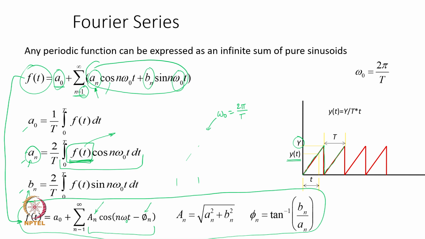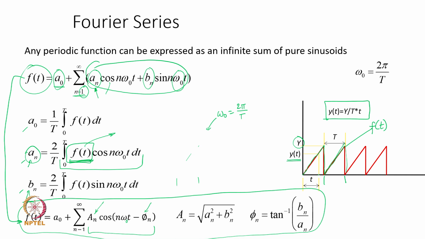Now, for us the function has to be defined for its period. So, the period is this much. I need to define this variation by the function f of t. Obviously, it is quite easy and simple to use the function y of t given by capital Y by capital T into t.